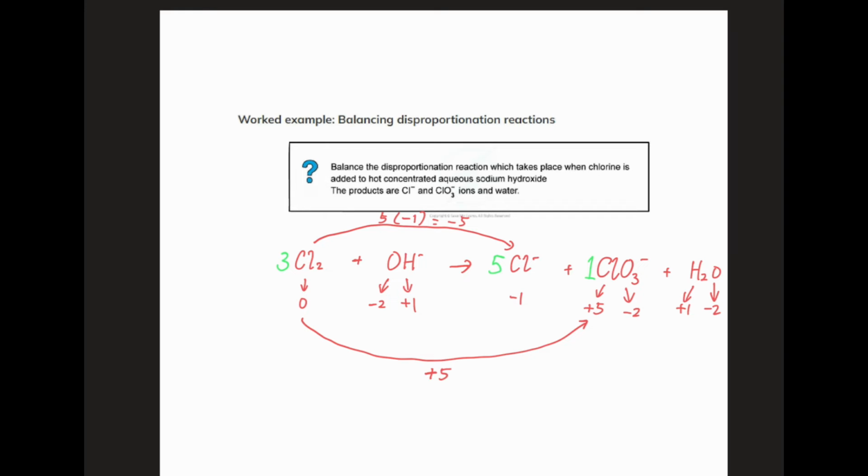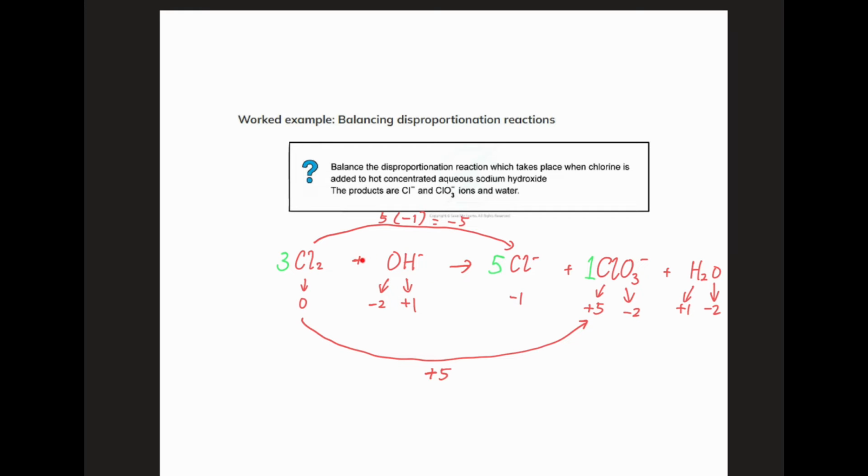Now the next thing is, let's balance the oxygen and the hydrogen. First of all, we have 3 oxygen here, 1 oxygen here, so there are 4 altogether.